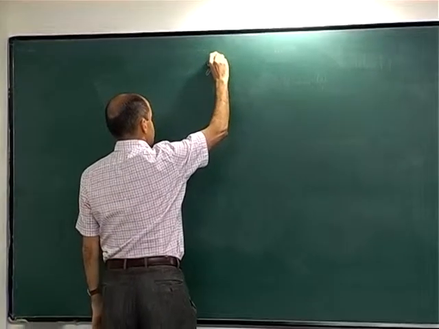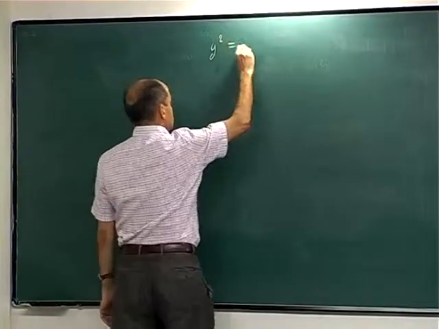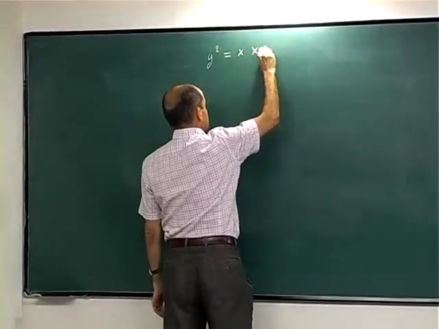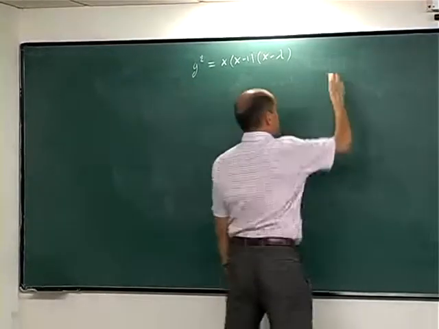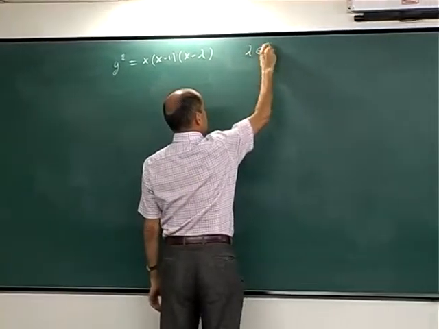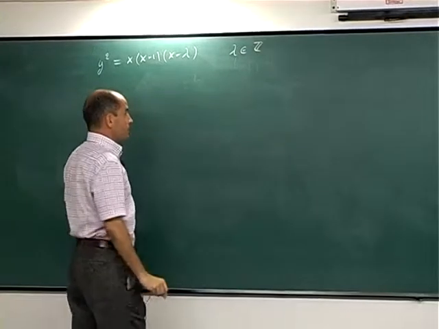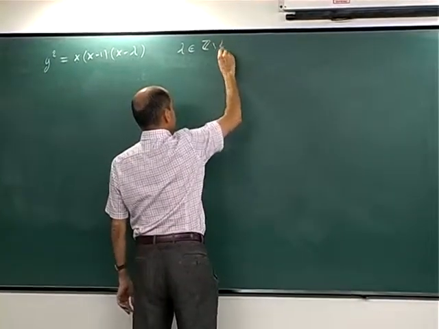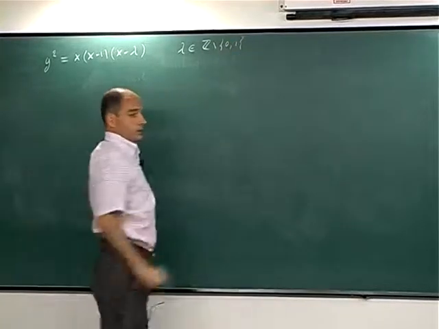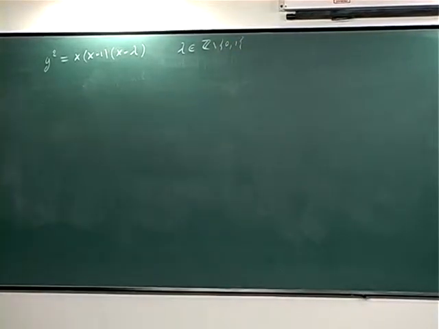Consider y squared equals x minus 1, x minus lambda. And to simplify, we work over the integers. And lambda will be different from 0 and 1 if you want the curve to be smooth.